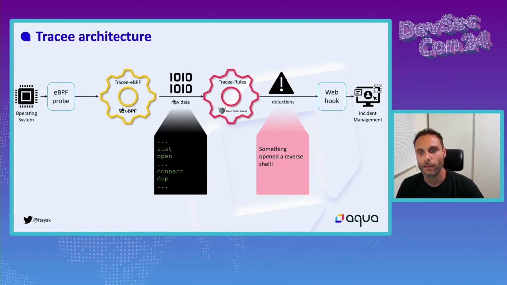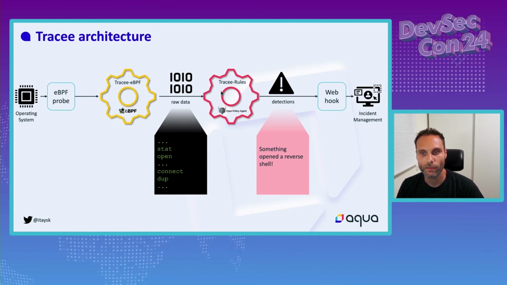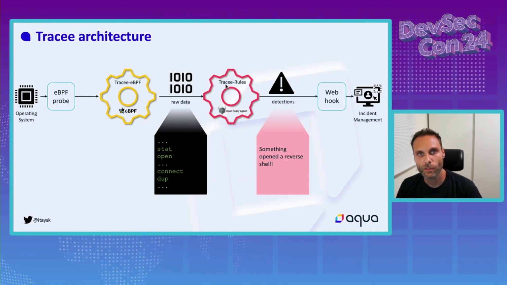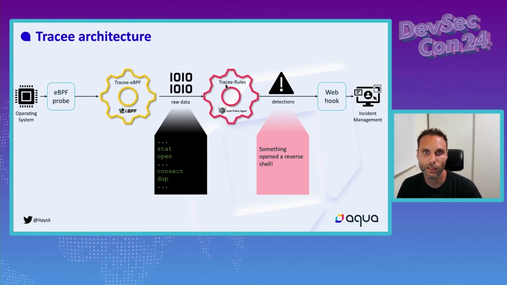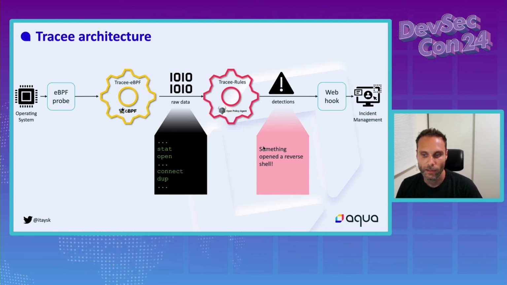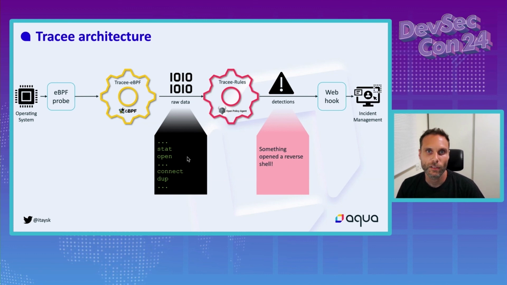And this raw data is being fed into the Tracee-Rules engine. This is the rule engine, which is loaded with Rego policies, Rego signatures. Each one of those signatures is always looking for a suspicious pattern. And if one of the signatures has found that pattern, it will create an alert. The alert, the detection itself, is human readable and actionable, unlike the very verbose raw data.